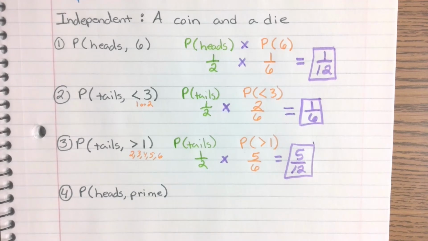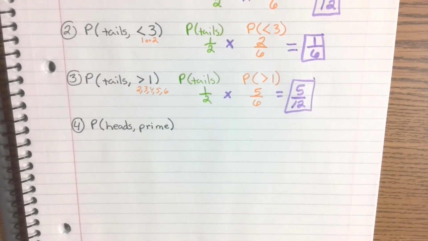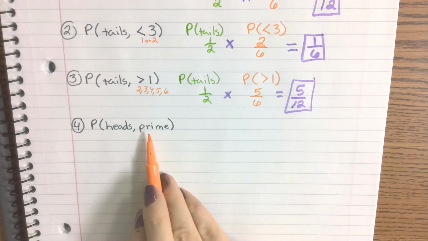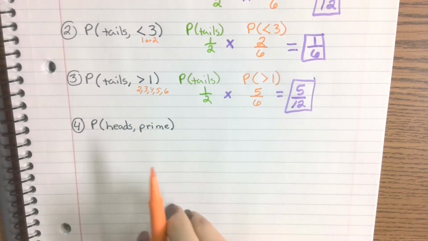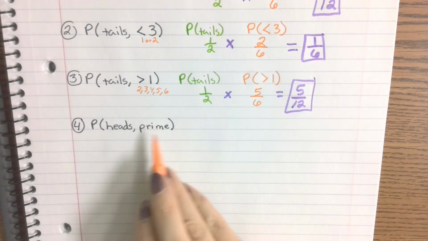Okay, and then the last one, probability that it's going to land on heads and a prime number. Heads and prime. Mylin? Not 1/6. Leona? 1/4. So be careful. A prime number is a number that's divisible by itself and 1, so it only has 2 factors.